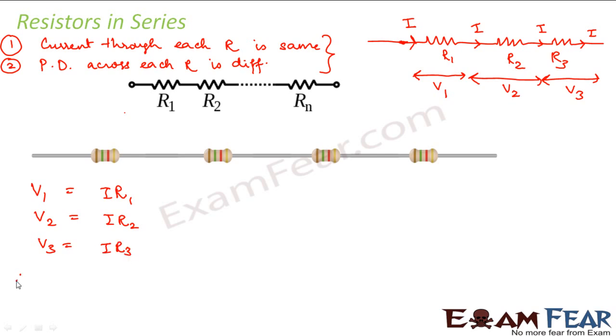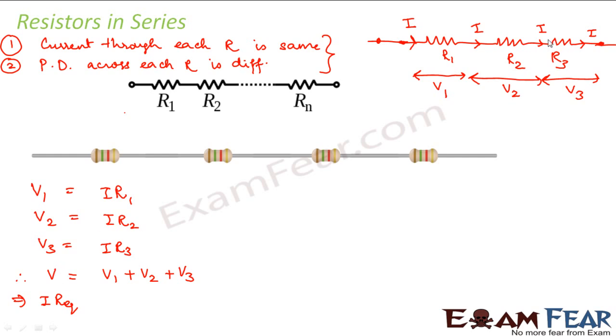So what would be the total potential difference between these 2 points? The total potential difference between these 2 points, V, will be equal to V1 plus V2 plus V3. Now, the total potential difference in this circuit can be written as I into R equivalent, where R equivalent is the equivalent resistance of this circuit. That is the net resistance of this circuit. That is also in accordance with Ohm's law.